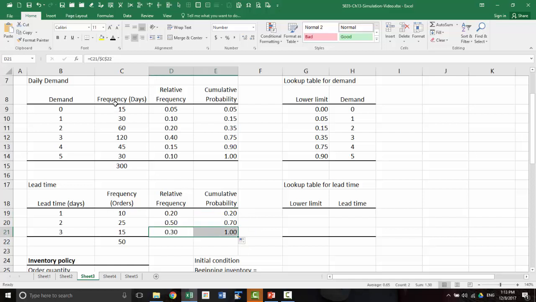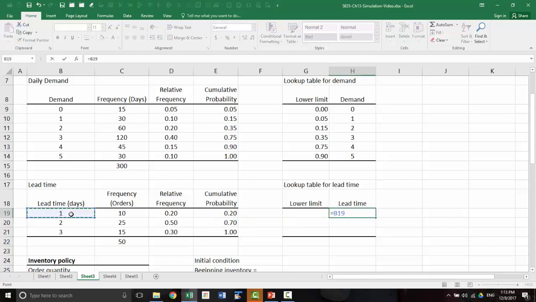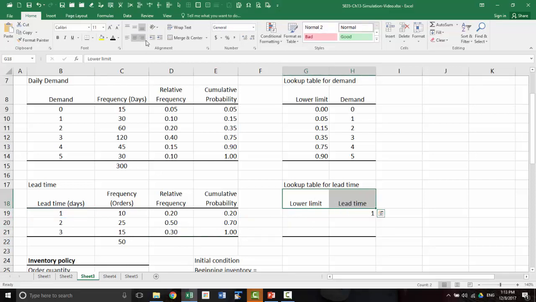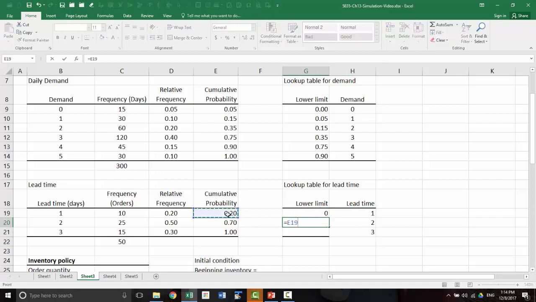Then we get a cumulative probability distribution. Okay, let's put the border back, and the lead time is 1 to 3. And 0, and the cumulative probability from the previous row is the lower limit for the VLOOKUP table.